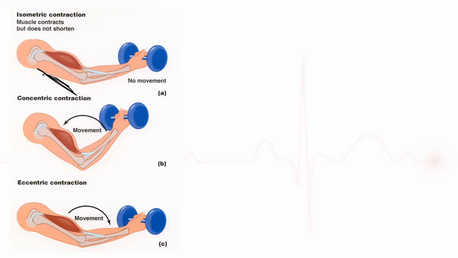Like you could isometrically contract your quadricep, hamstring, whatever muscle you want. You could contract it without changing its length, but you would need the antagonistic muscle to be contracting simultaneously to ensure that that muscle actually doesn't change its length. So that's the difference there between those two different ways that isometric contractions can happen. On a definitional level, which I'm sure is probably most of you are interested in, isometric contraction means that a muscle contracts and doesn't change its length.